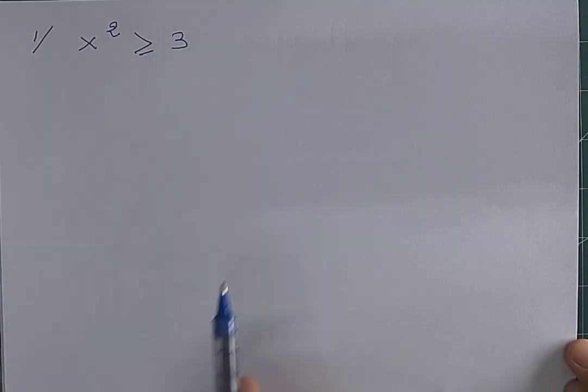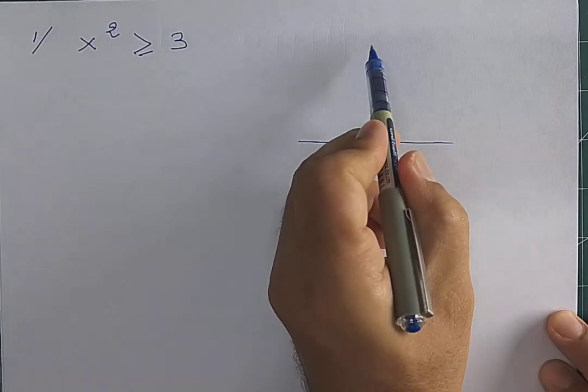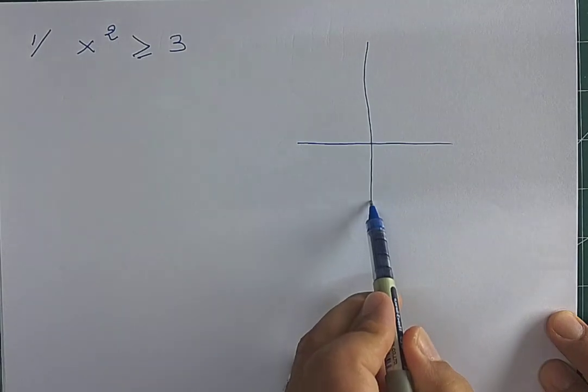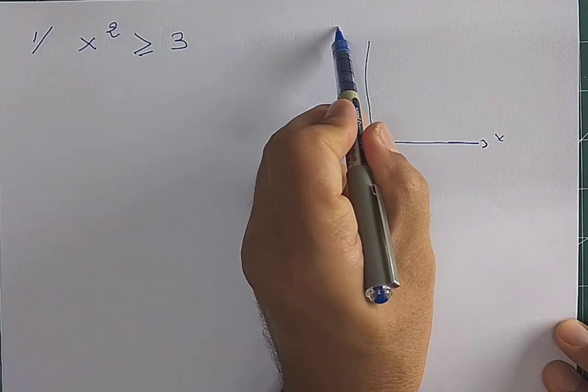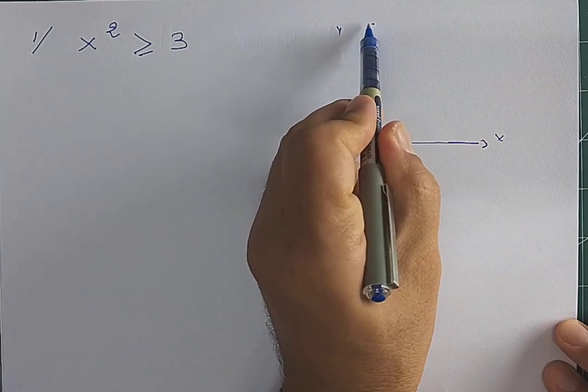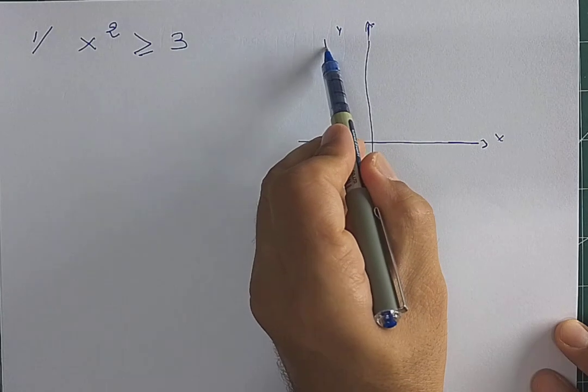So first one, I can draw this here. This is the x-axis. Here we have the y-axis. Okay, so x squared like that.